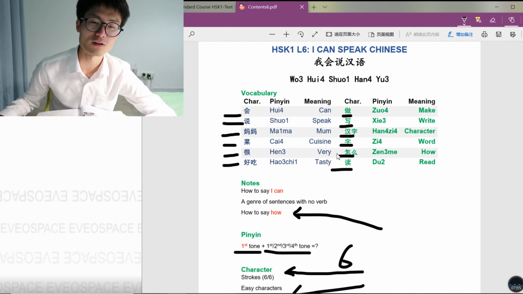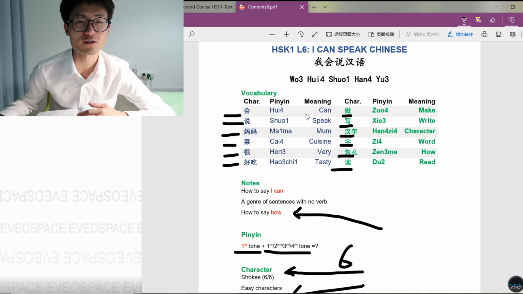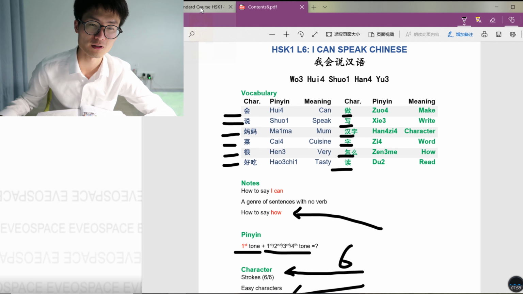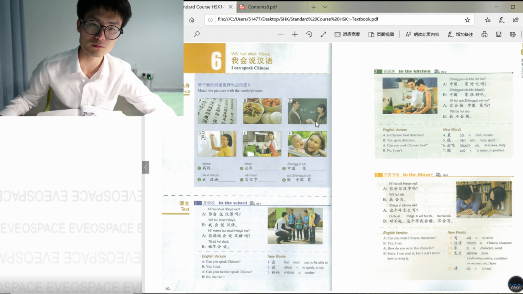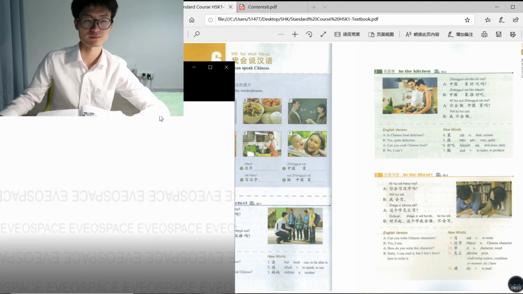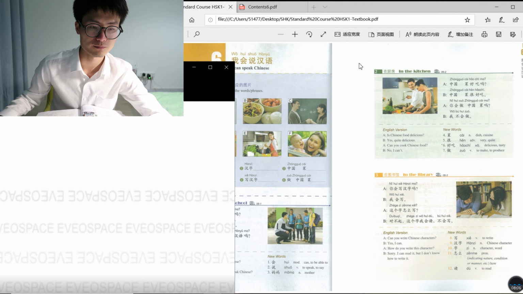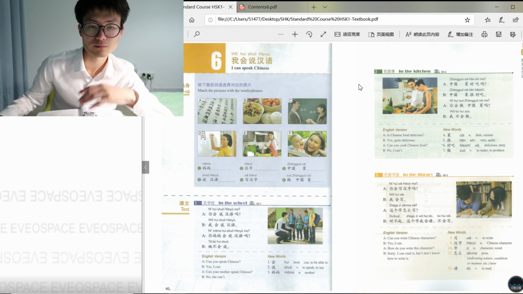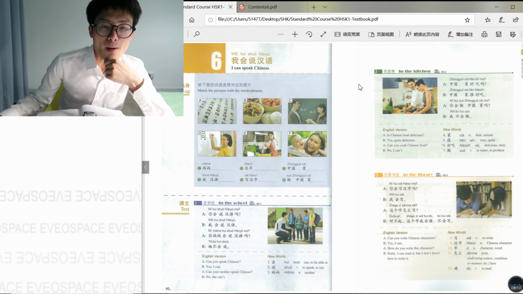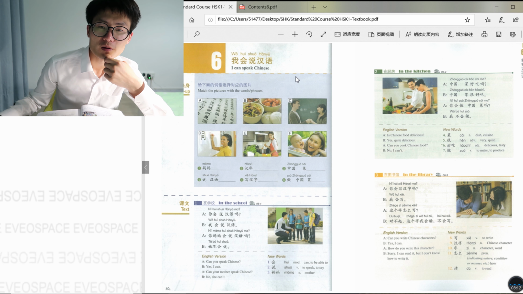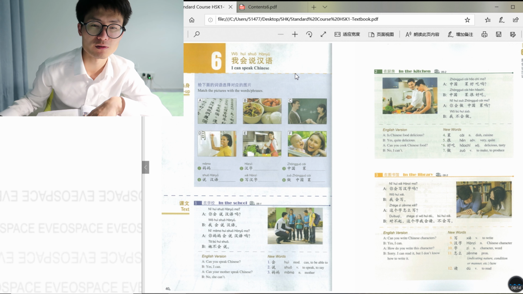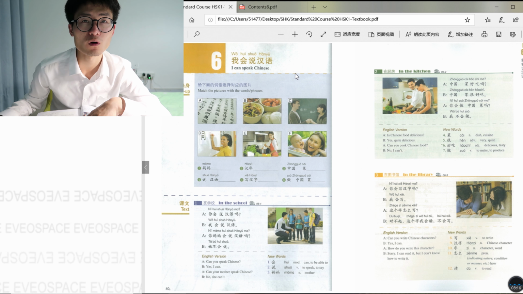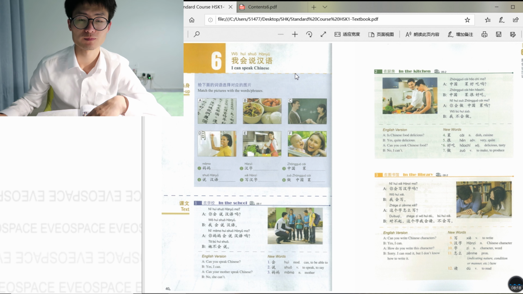Okay, let's move on to the actual textbook. So the topic is 我会说汉语.